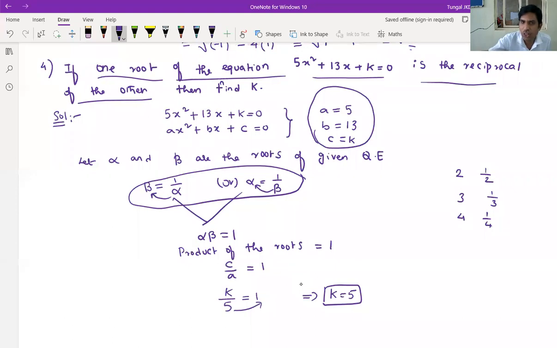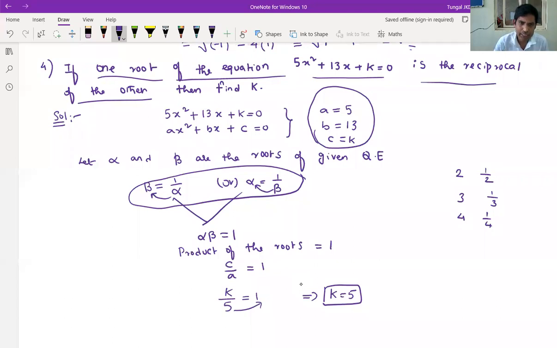Understood? If one root of the quadratic equation is the reciprocal of the other, then find the value of k. Let us take alpha and beta as the roots. Alpha is the reciprocal of beta, else beta is the reciprocal of alpha. By then you can write beta is equal to 1 by alpha, else alpha is equal to 1 by beta.